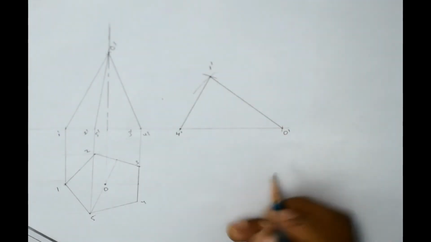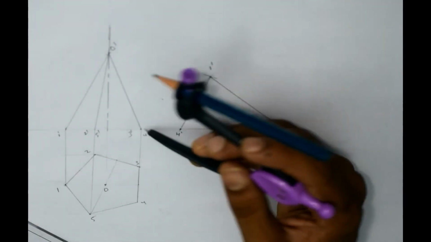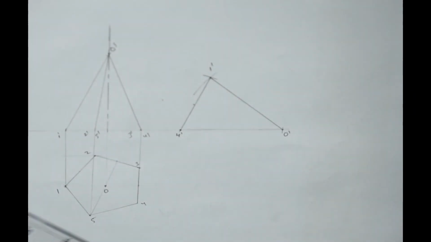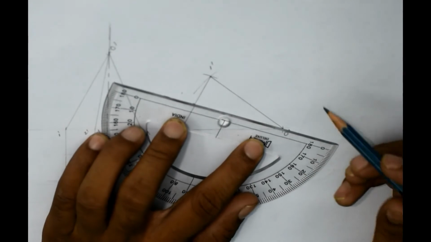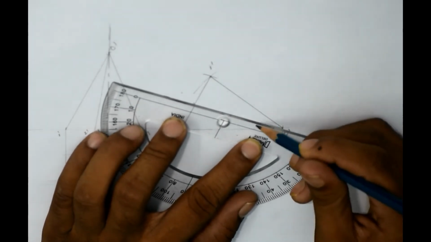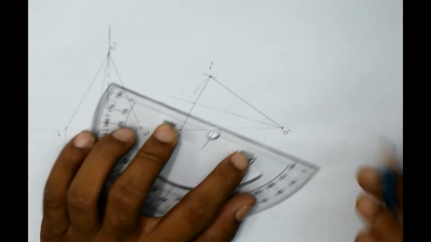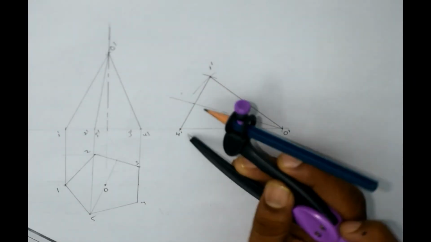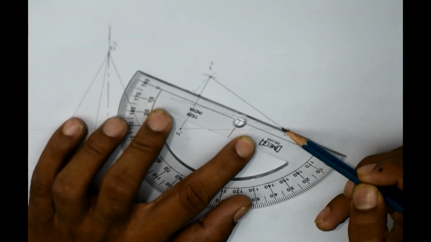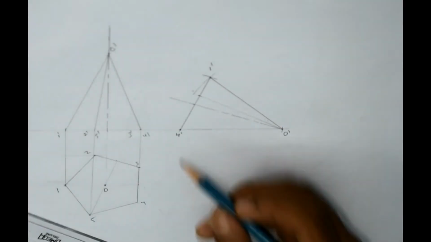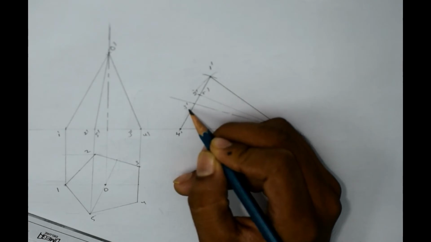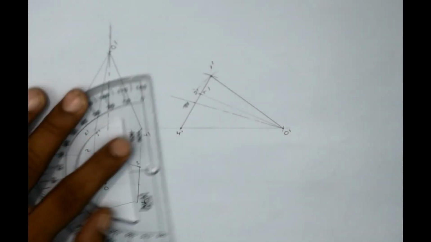So this is 1 dash again, and this is your axis line. This is 2 dash and 5 dash. And this is 3 dash. Sorry, this is the axis line.